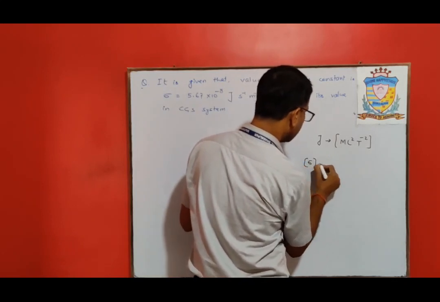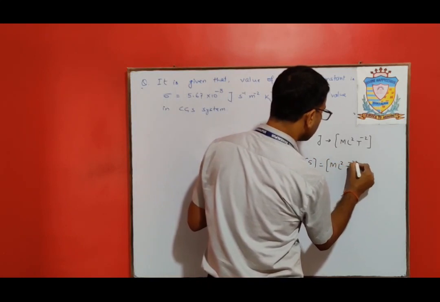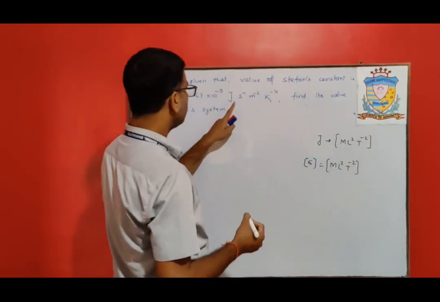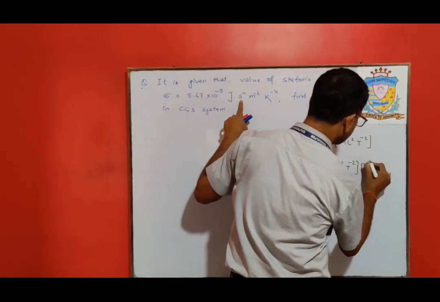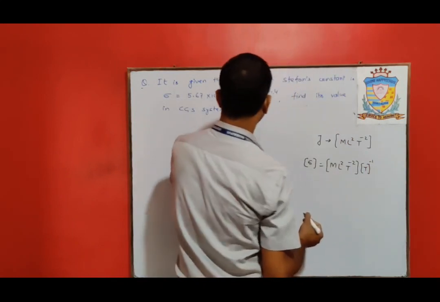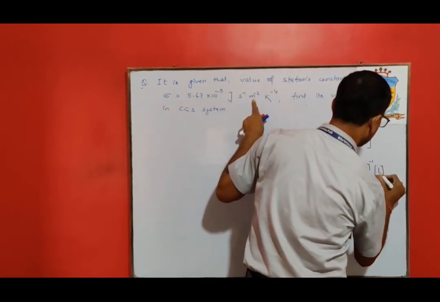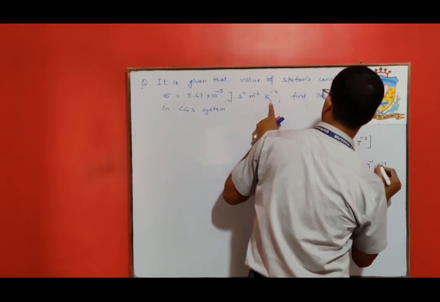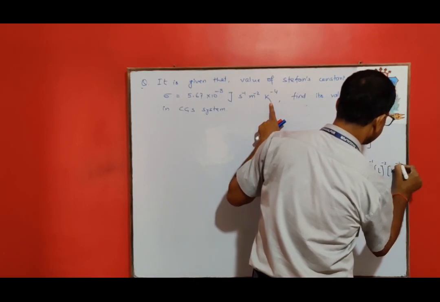So for sigma, the dimensional formula is mL2T minus 2, and for per second we have T minus 1, per meter square L minus 2, and K minus 4.